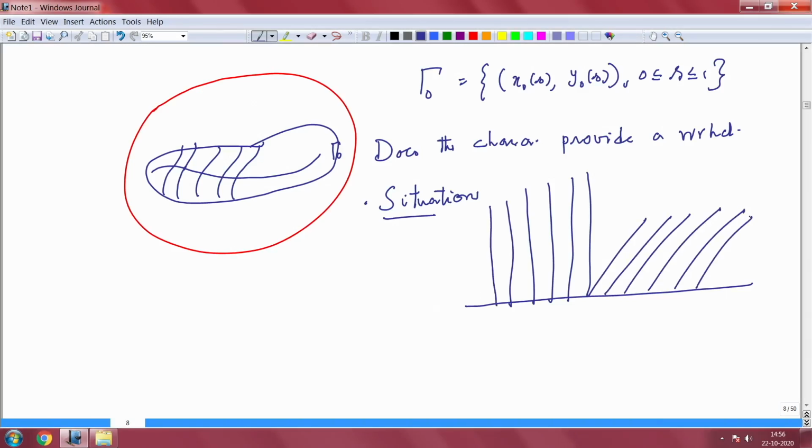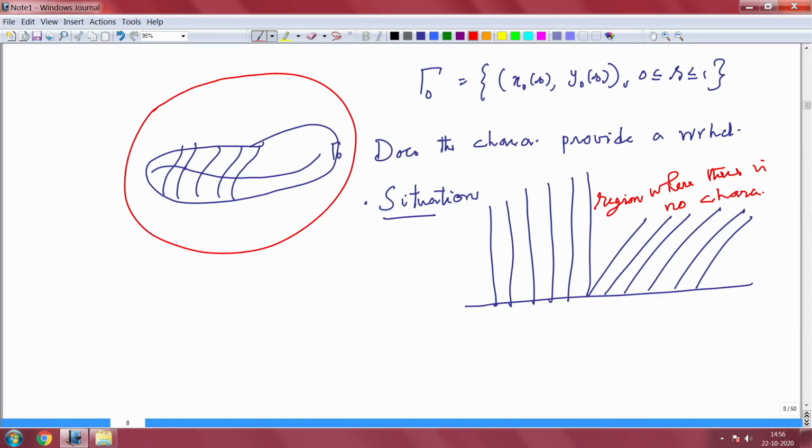So every point has a characteristic, but there is a region where there are no characteristics. So how do you get back your values? That is a problem, because your value is determined by transporting along your characteristics.